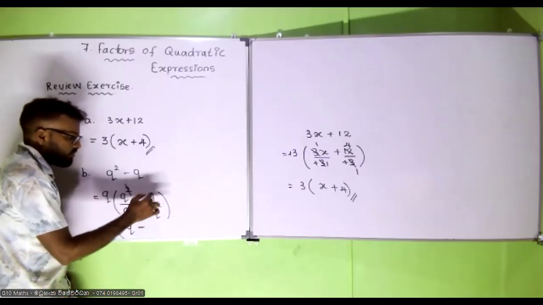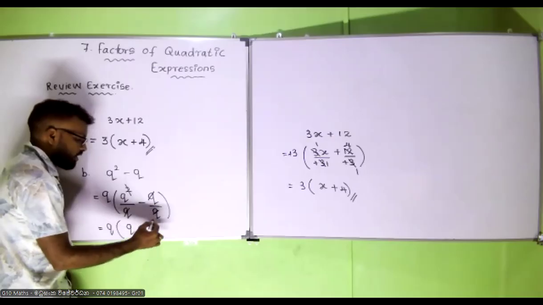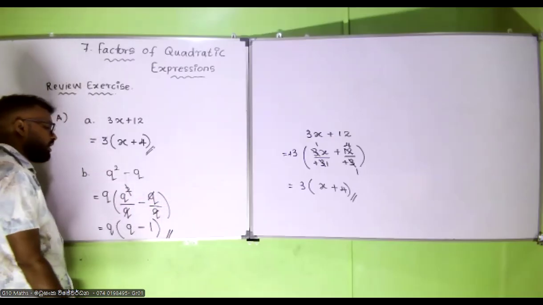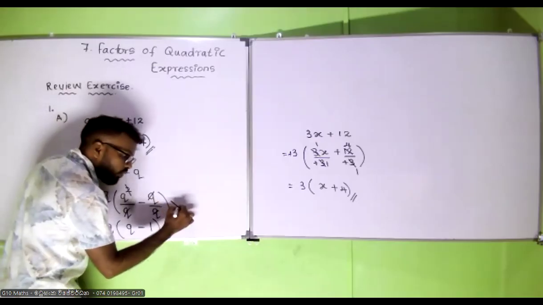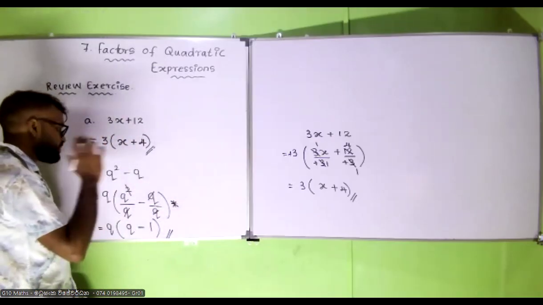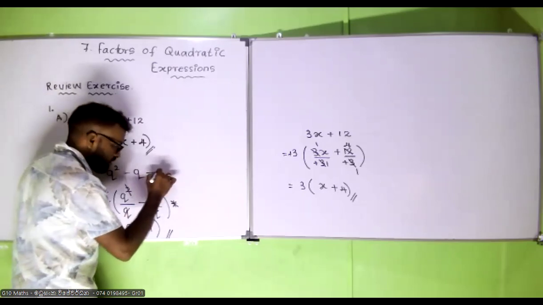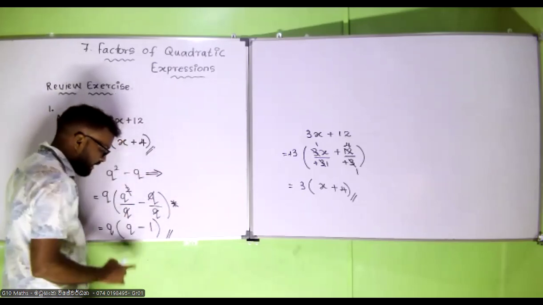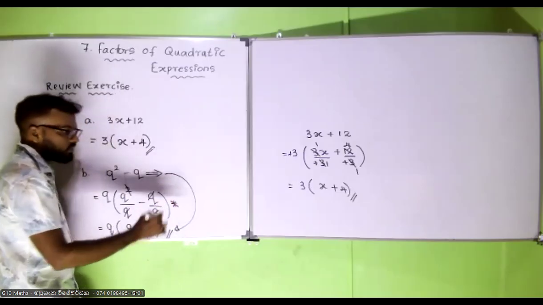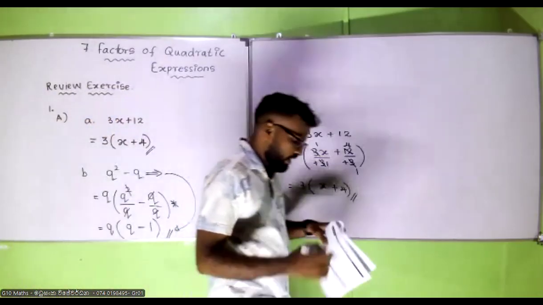Minus Q times 1, so you get 1 here. So this should be your answer. If you don't want to write this, no need to. If you have 100% accuracy, you can directly obtain this answer by looking at it at once.